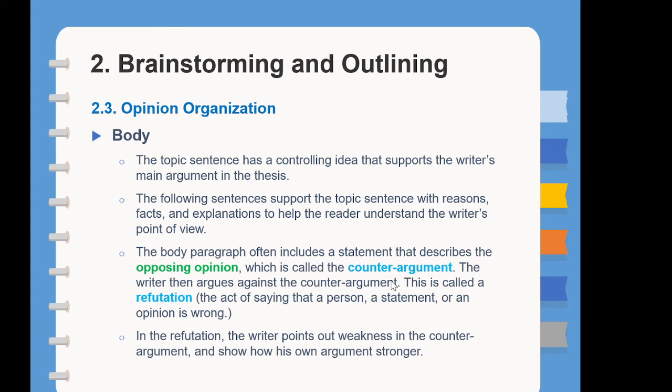In the refutation, the writer points out weakness in the counter argument and shows how their own argument is stronger. You have to write an argument against the opponent by proving that their opposing opinion is not good or strong enough. So look at the example.